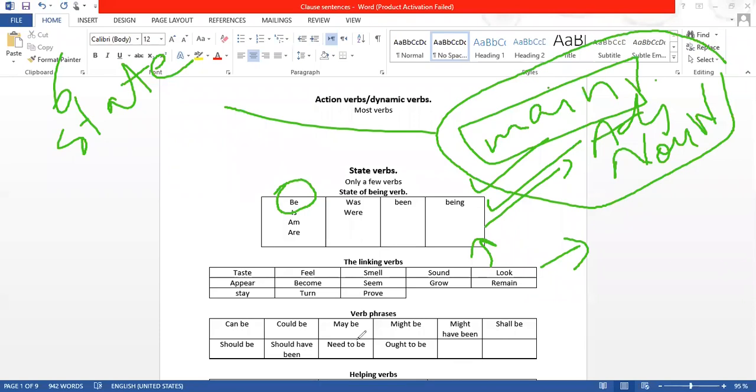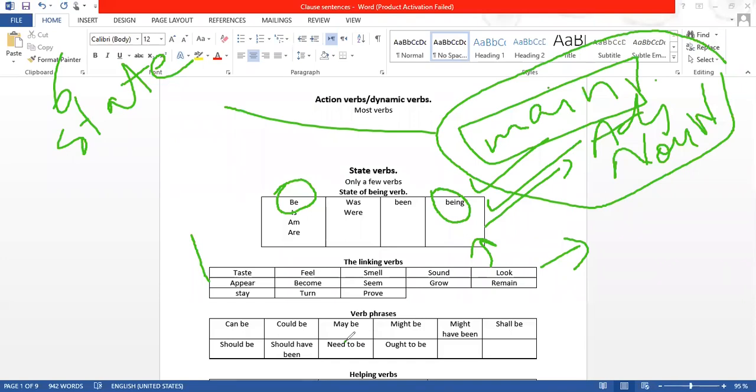And then we also sometimes have the ing form, being, in the continuous tense, but that is very rare. We do not use it. Remember, state verbs are only a few verbs, not many, while dynamic and action verbs are so many.